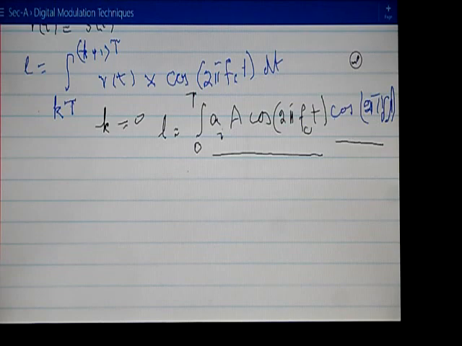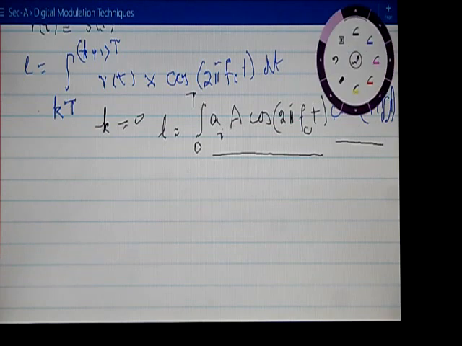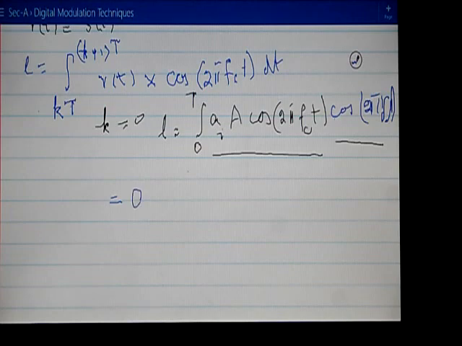So this product can be written for the first time interval, and if you integrate it, what you get is a sub I A, and then the integral from 0 to capital T of cos square 2 pi fct.